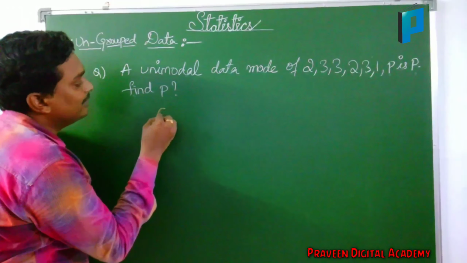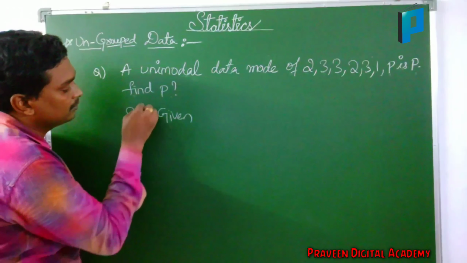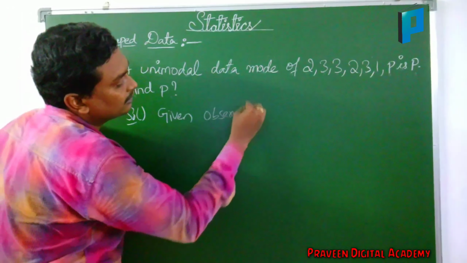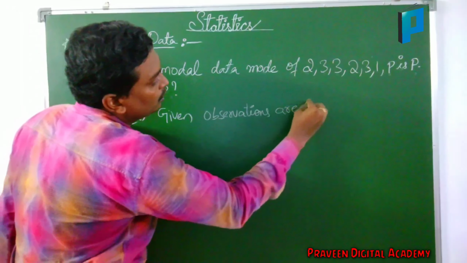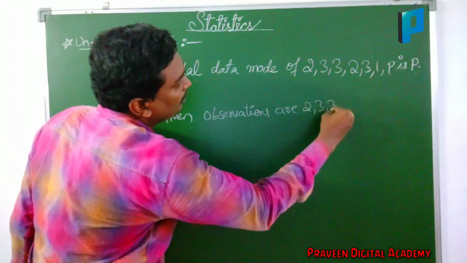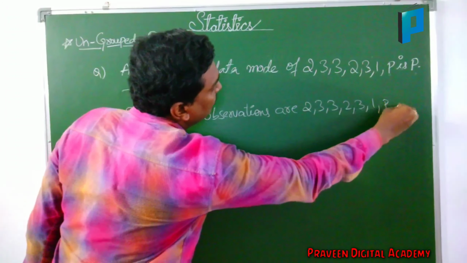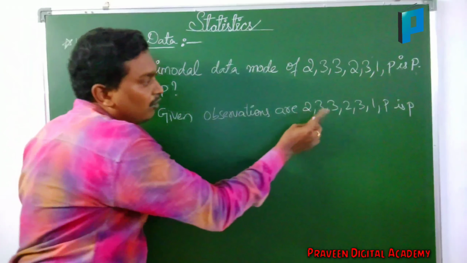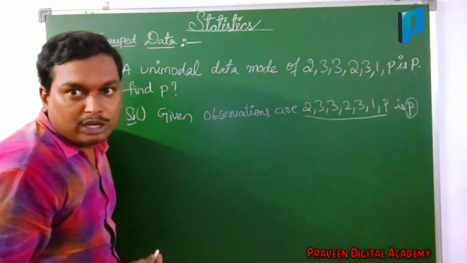What is the given observations here? Given observations are 2, 3, 3, 2, 3, 1, P is P. Here the mode of these all observations is P only.